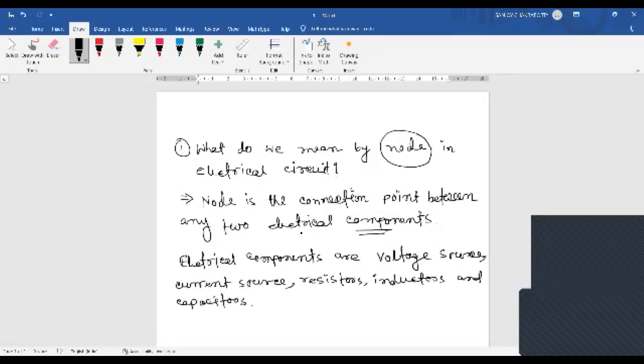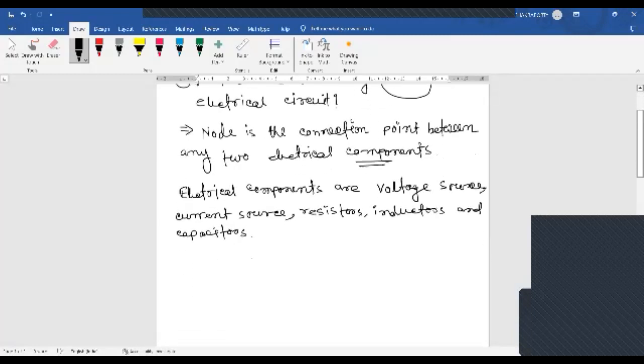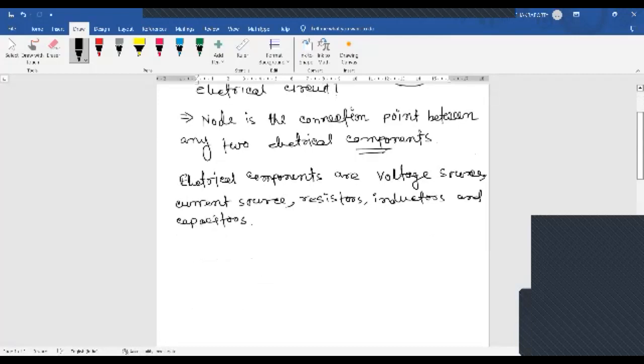So in an electrical circuit, out of these five components, any one will be present. A source will definitely be there, either voltage source or current source, and out of resistor, inductor and capacitor, maybe all three present, maybe any two, or maybe any one.